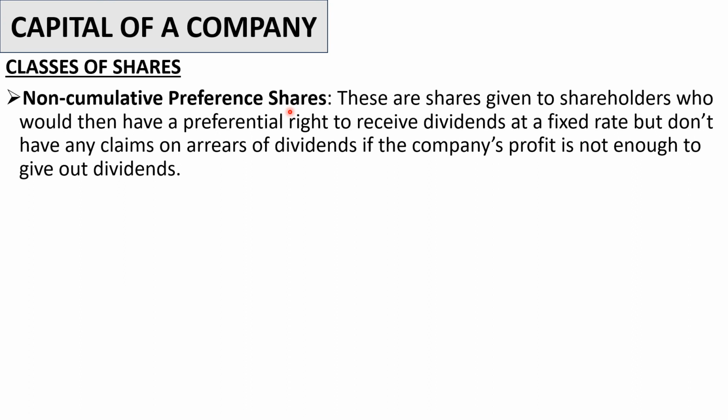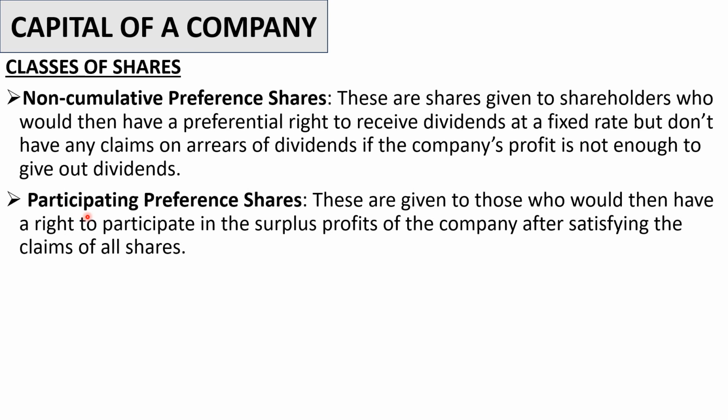But the cumulative preference shares are going to receive dividends as a cumulative figure. One thing they have in common is they both receive a fixed rate. If it's 20%, they are all going to receive 20% if the company has performed well. But if the company has not performed well, these ones are not going to receive anything, but the cumulative are going to receive something. So that's a non-cumulative preference share.